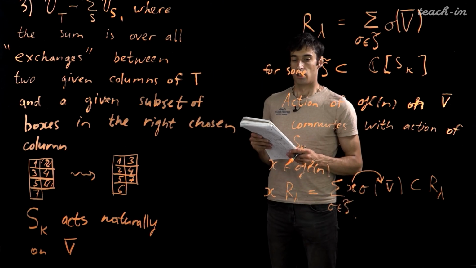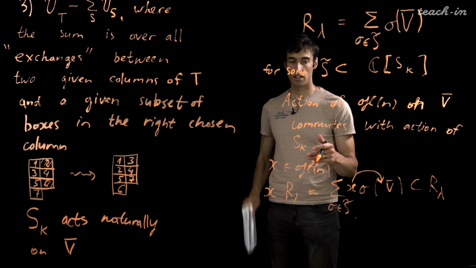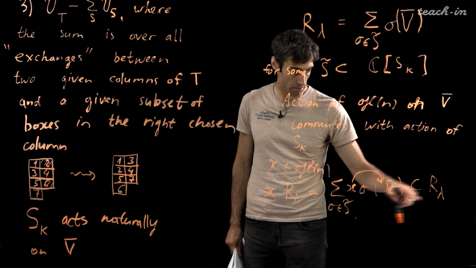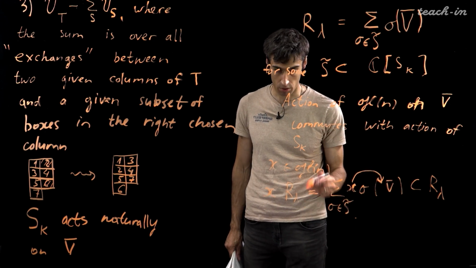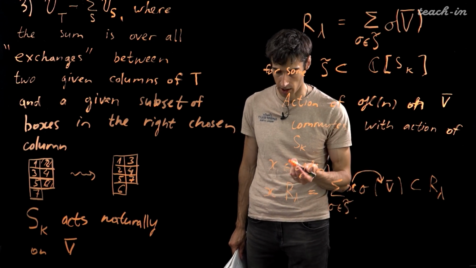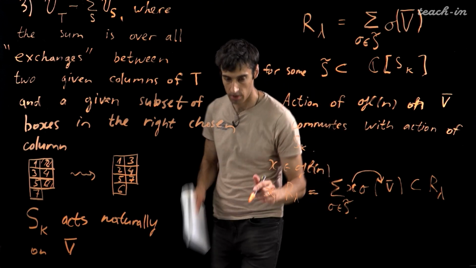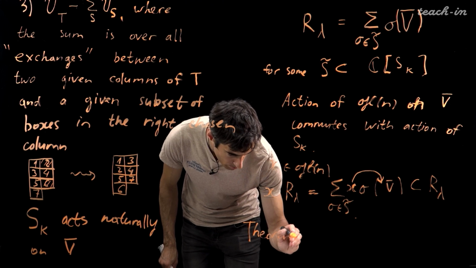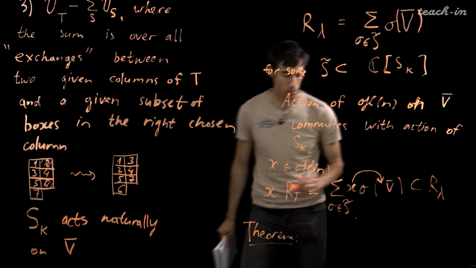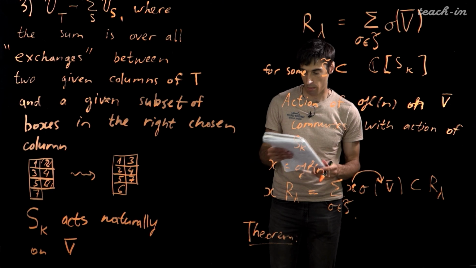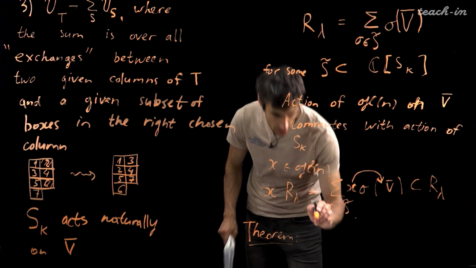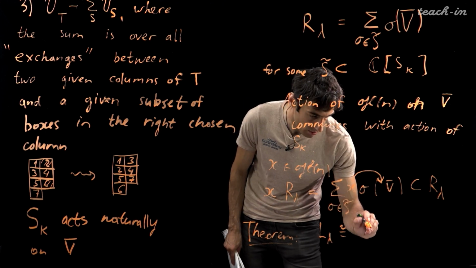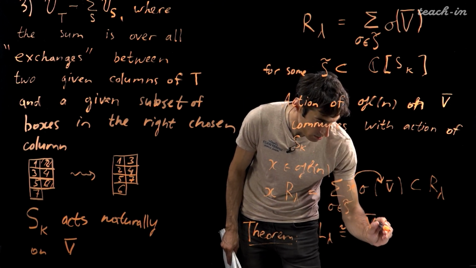Okay. So the punchline is that R lambda is a subrepresentation of GLN, so therefore I can quotient by R lambda. And the theorem that I would like to prove, at least maybe partially prove, is that L lambda is isomorphic to V bar by R lambda.